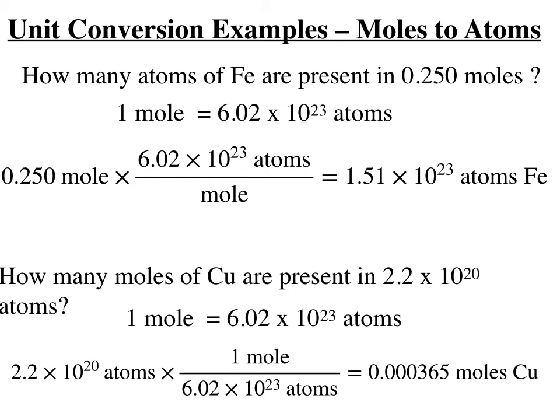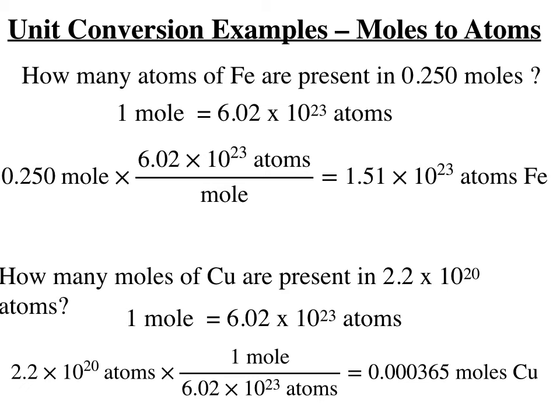In 2.2 times 10 to the 20 atoms of iron, there is 0.000365 moles. In 2.2 times 10 to the 20 atoms of sodium, there's 0.000365 moles of sodium.